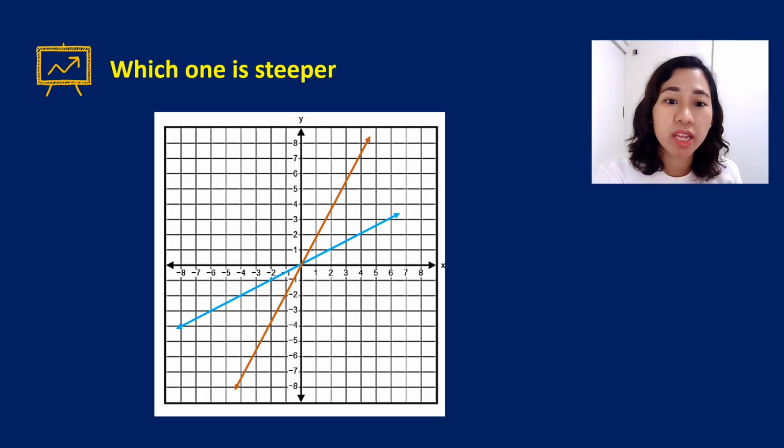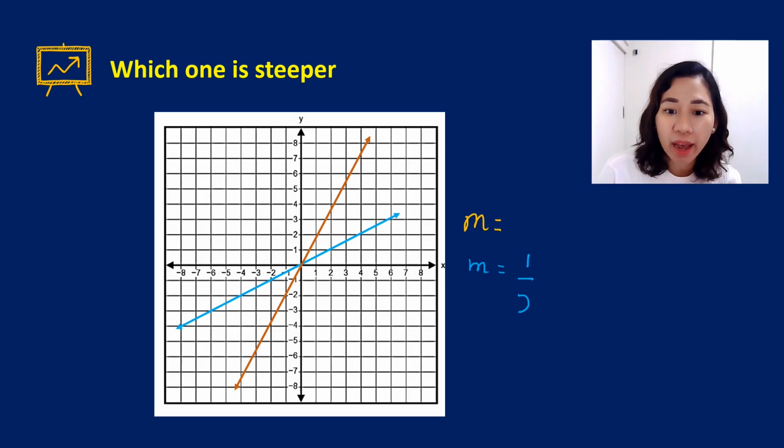Okay, what if we are given these two lines? Now take note that these two lines are both increasing, right? Therefore, both of their slopes are going to be positive. Now, upon checking, you can check that the slope of the orange line is equal to 2, whereas the slope of the blue line is equal to 1/2.